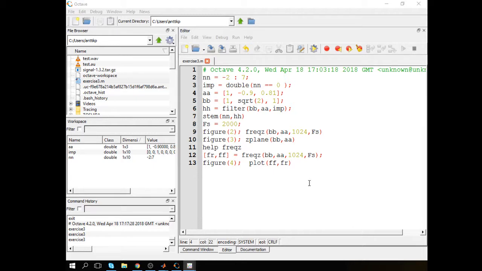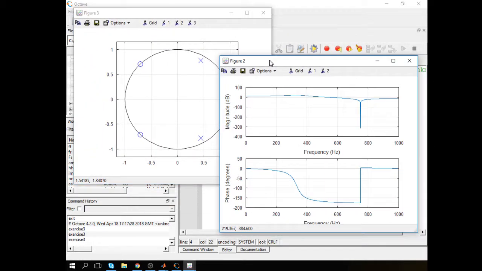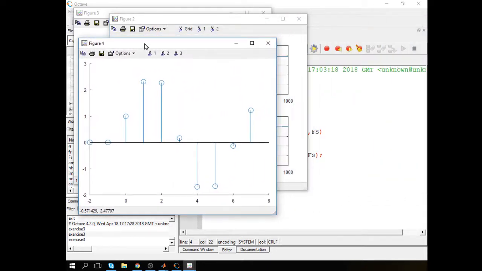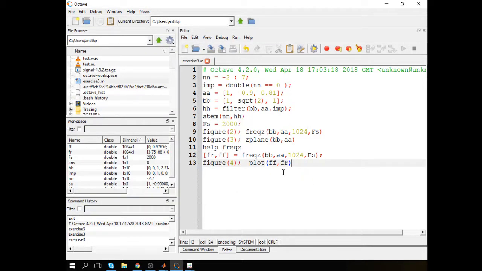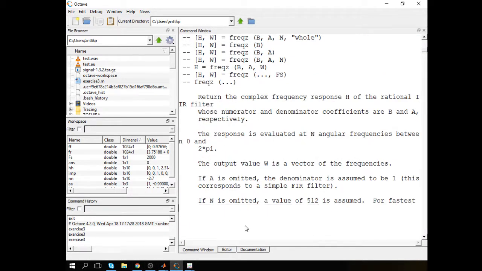At least three pictures. So that one, this one, figure four. Why does it look like that? Something is strange here.